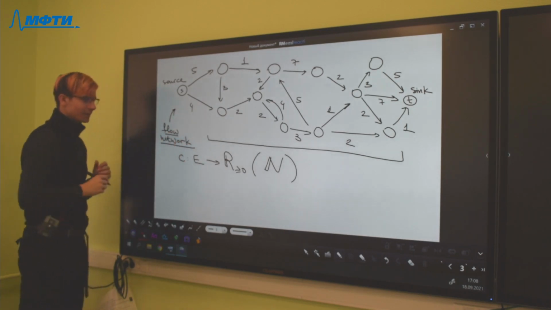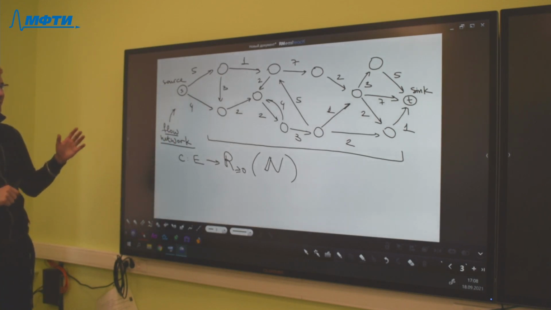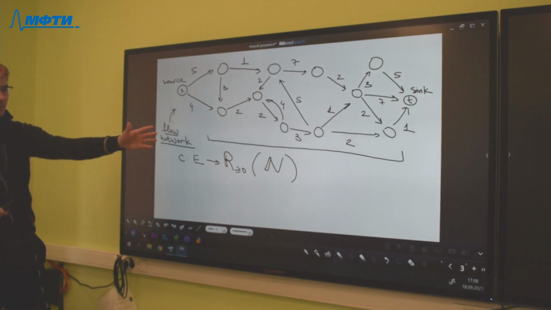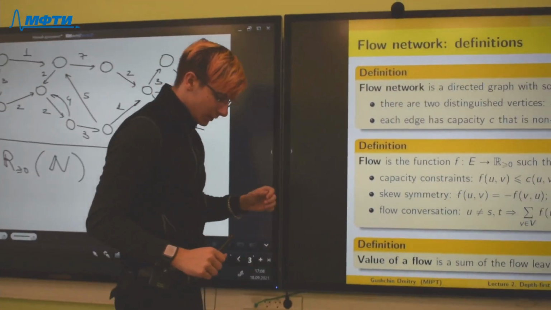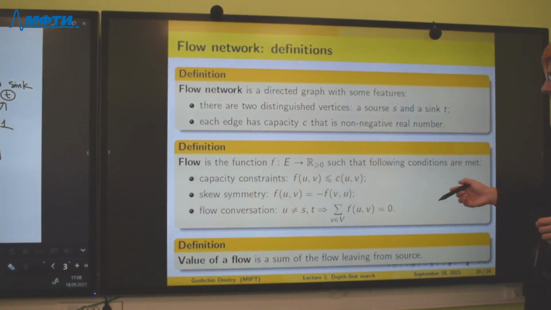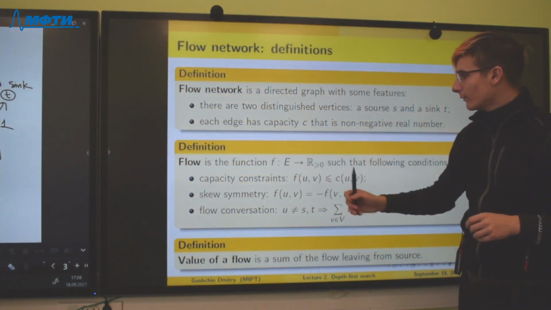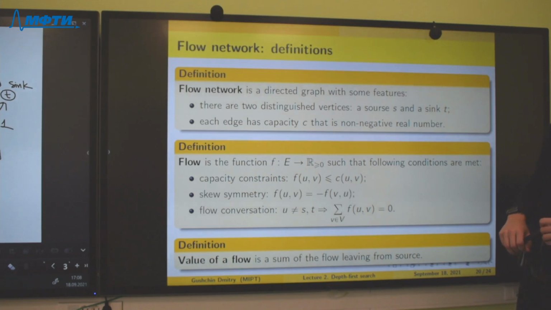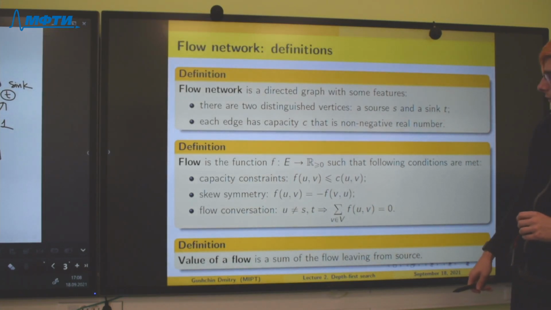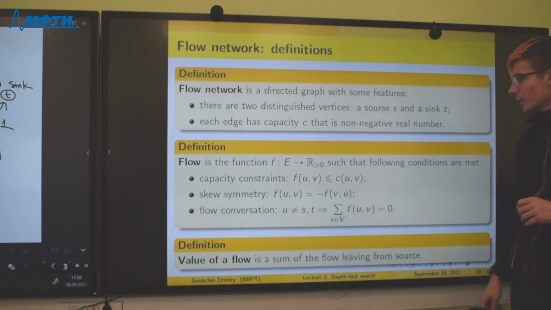But of course, we need to understand what a flow is, and you can see the definition. It's similar to capacity. It is a function from the set of edges to the real numbers, greater than or equal to 0.